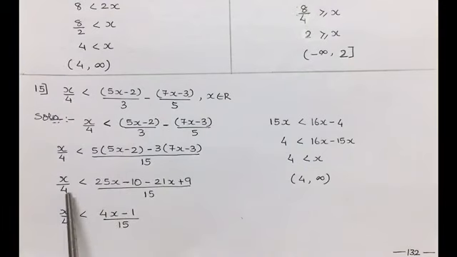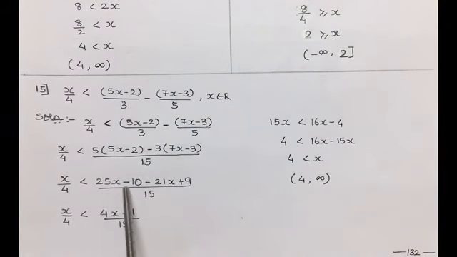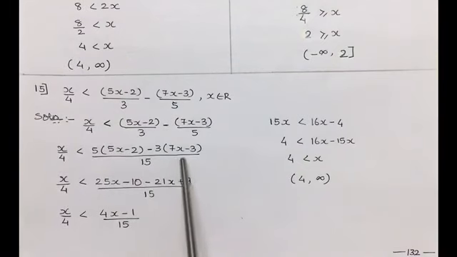divided by 15. So x by 4 less than, open the brackets, so 25x minus 10 will be there by opening this bracket, and minus 21x plus 9 when the second bracket is being opened. So x by 4 less than 25x minus 21x will make it (4x minus 1) divided by 15.